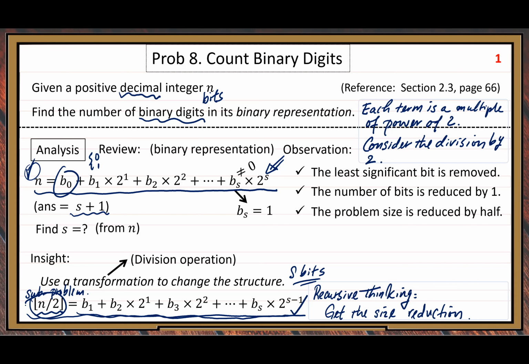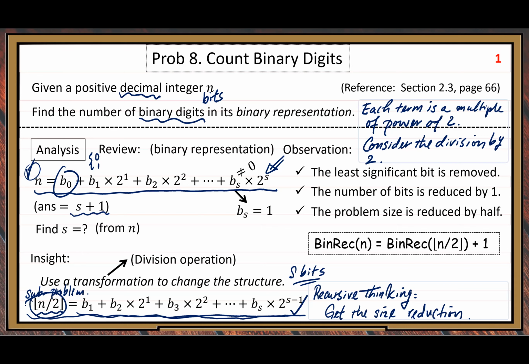Let us use a special function to represent the number of bits for a given integer n. Here I call it bin rec, recursive binary. Bin rec of n gives us the number of bits in the binary representation, but in a recursive way.